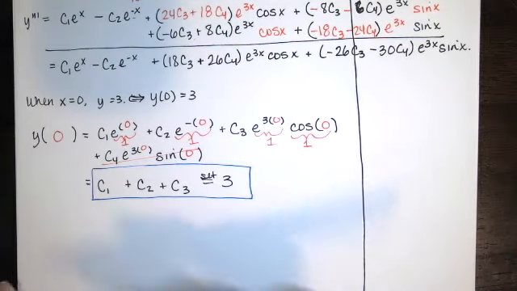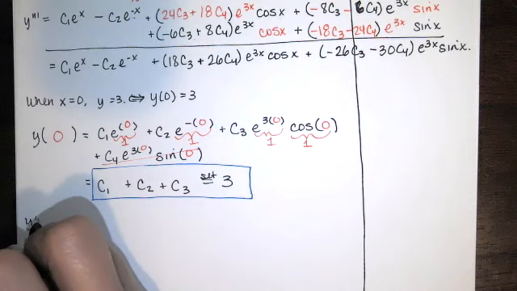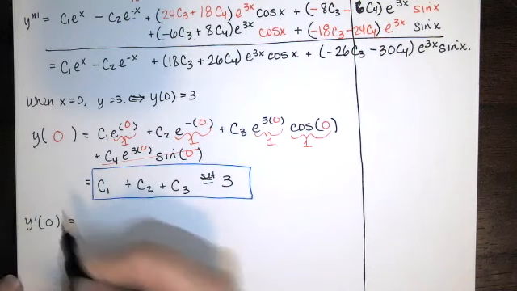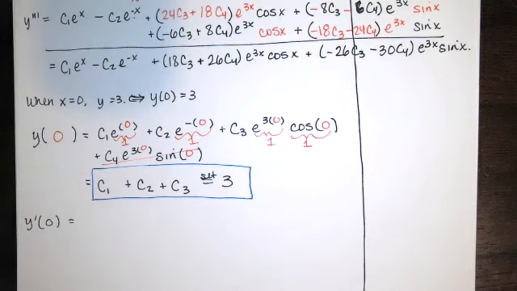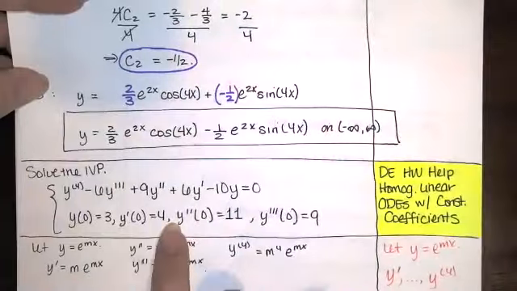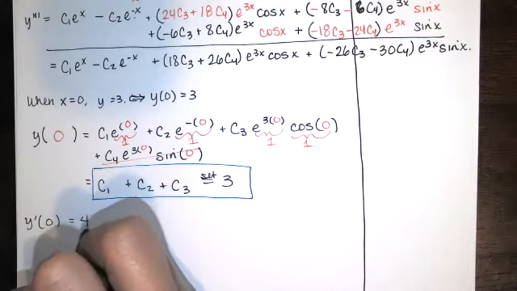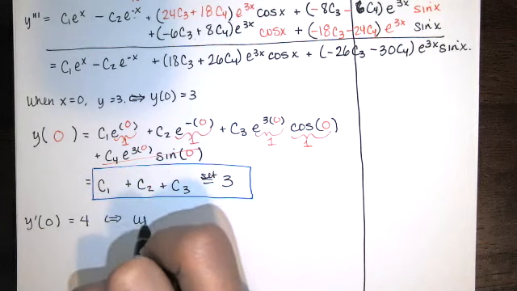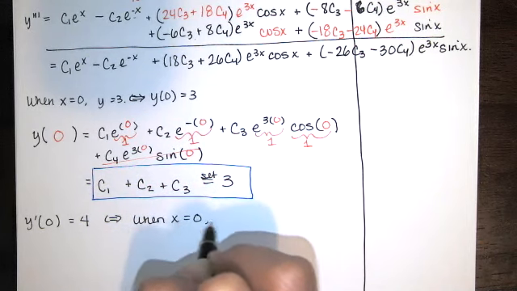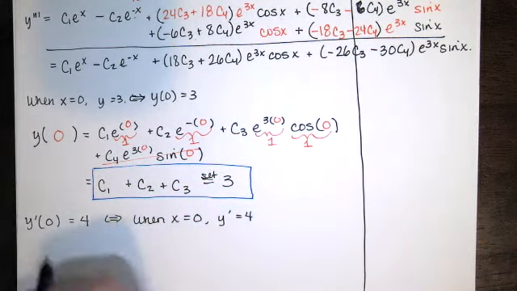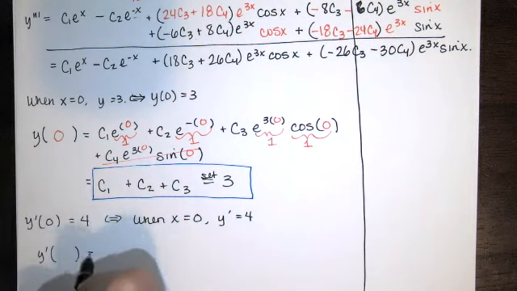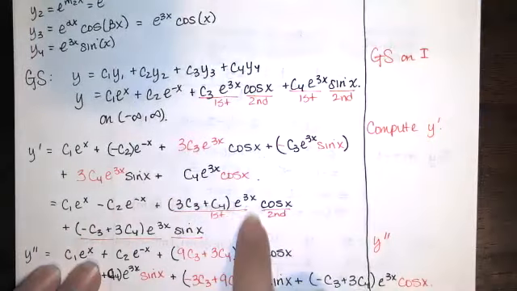All right, next one. We were told that y prime of 0 is equal to, let's see, where's the original problem statement? Y prime of 0 is equal to 4. So that means that when x is equal to 0, y prime is equal to 4. So let's find y prime. Y prime is right here.